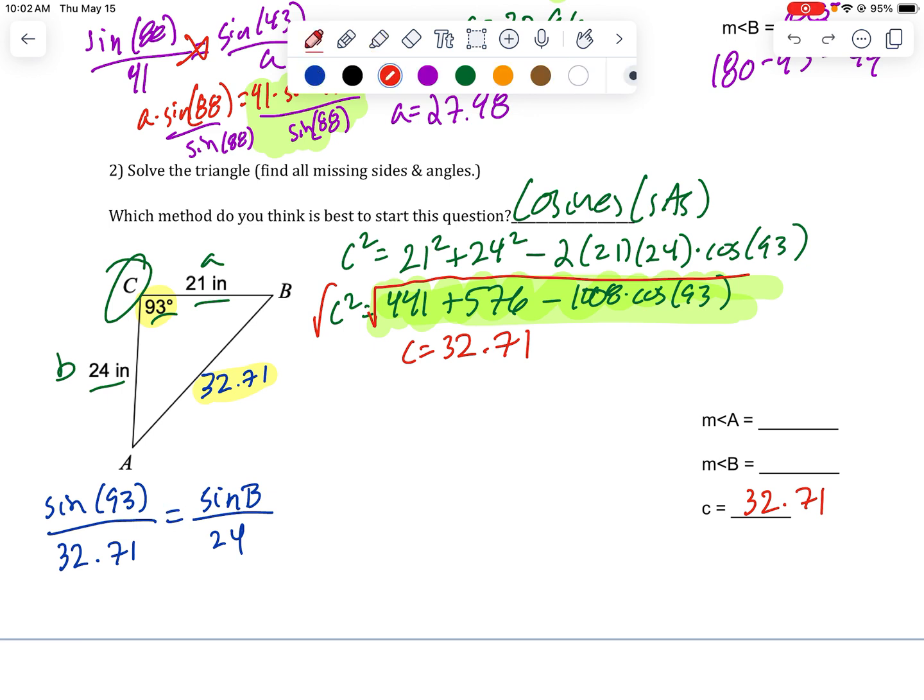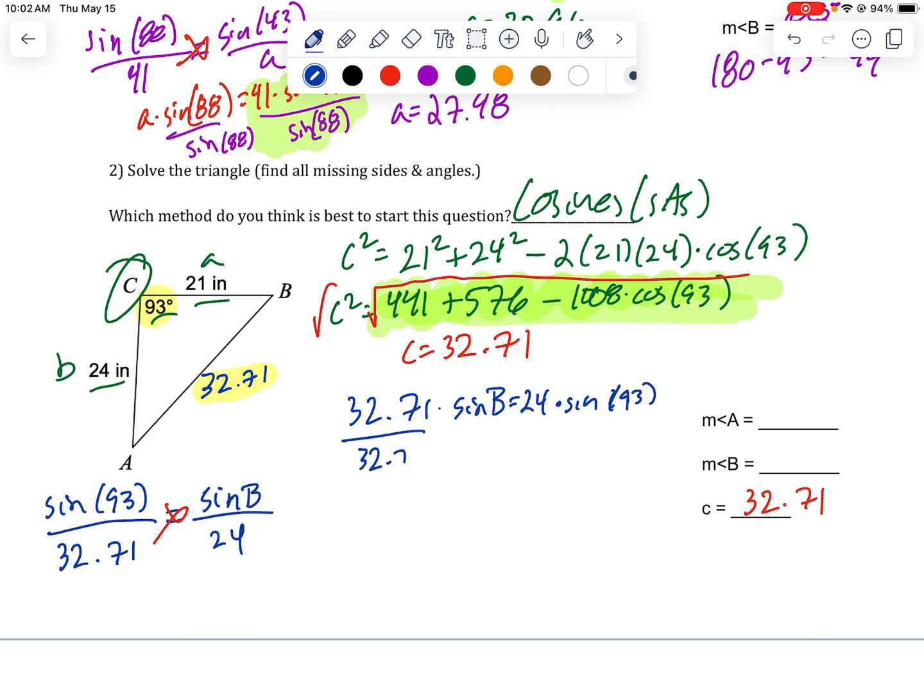Let's go 32.71 times the sine of B equals 24 times sine of 93.